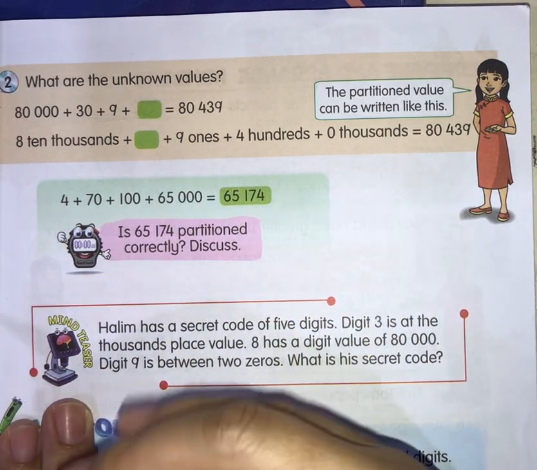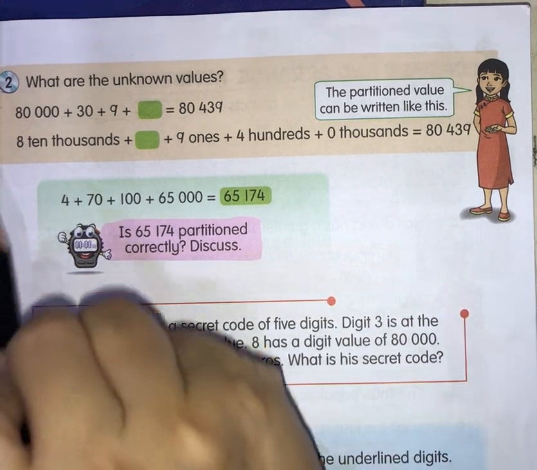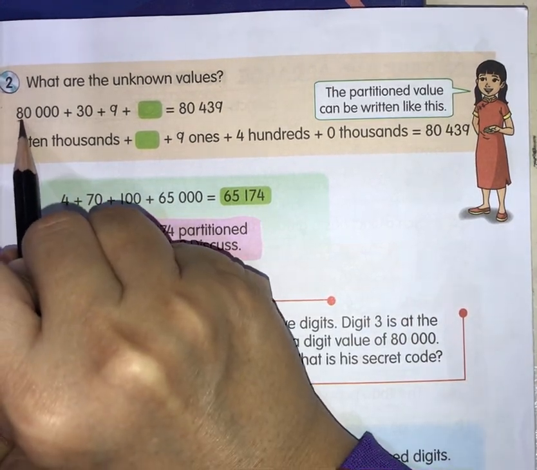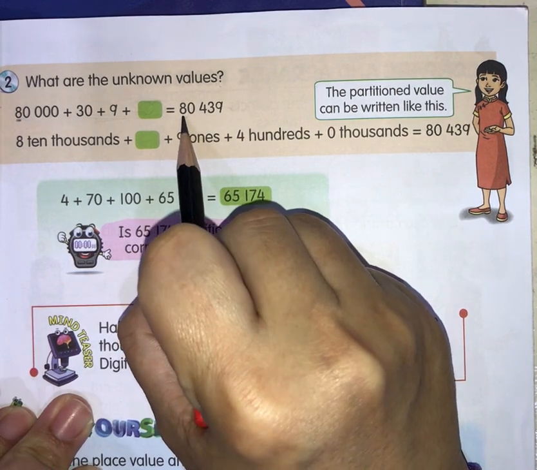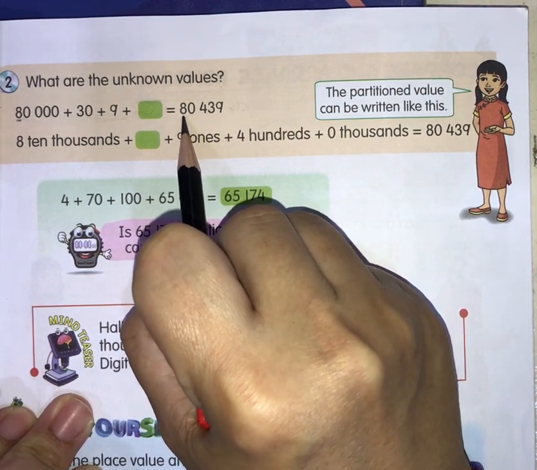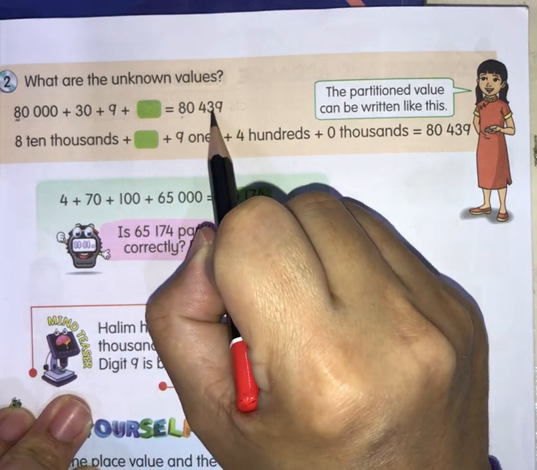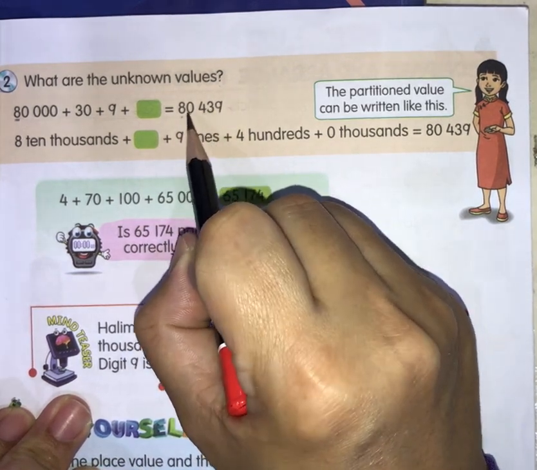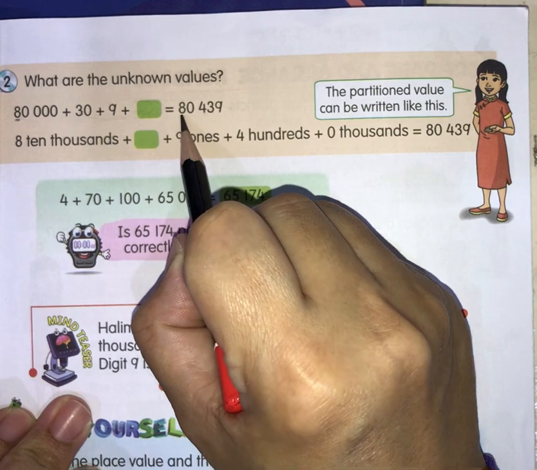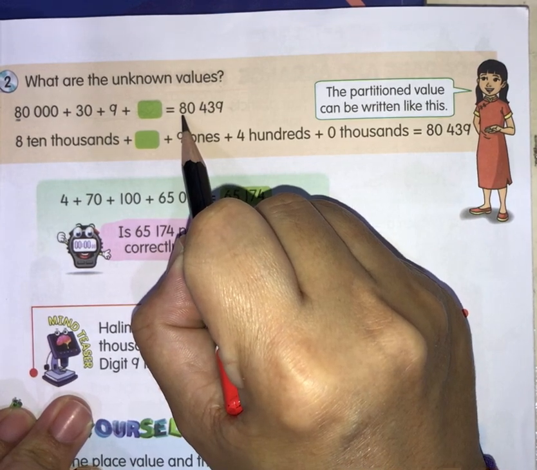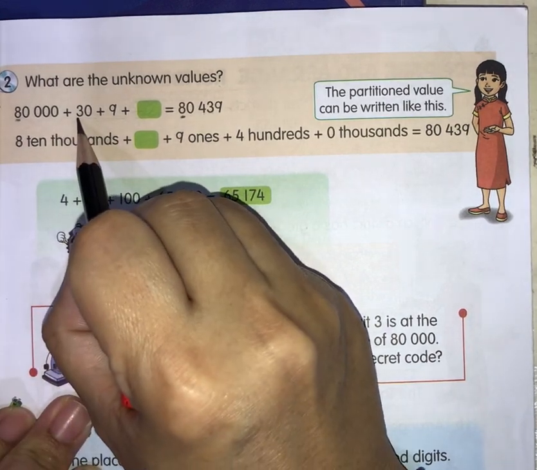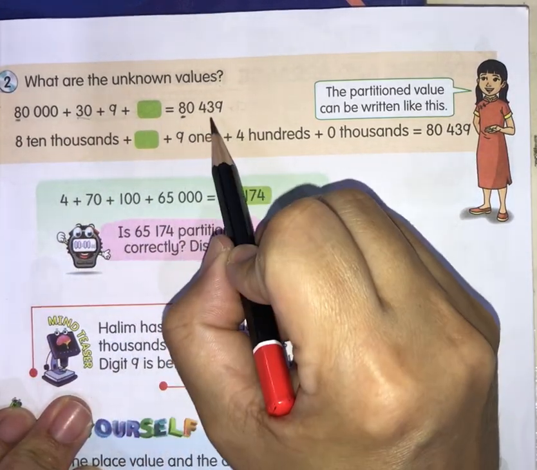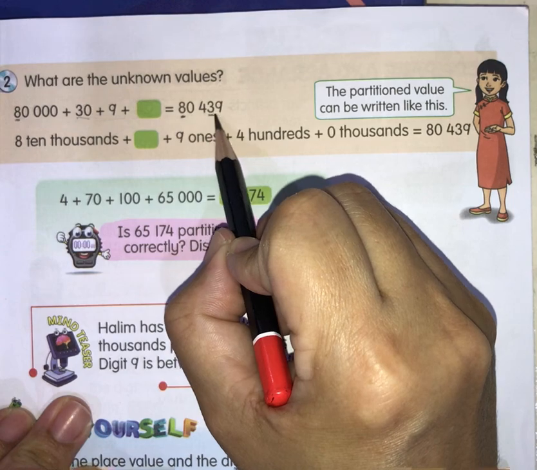So we do the same. Now here we have 80,000. Do you have 80,000 here? Yes. How do you know this one is 80,000? Based on the place value. Ones, tens, 100, 1,000, 10,000. So this is 80,000. We already have it. And we have 30. Yes, we have.